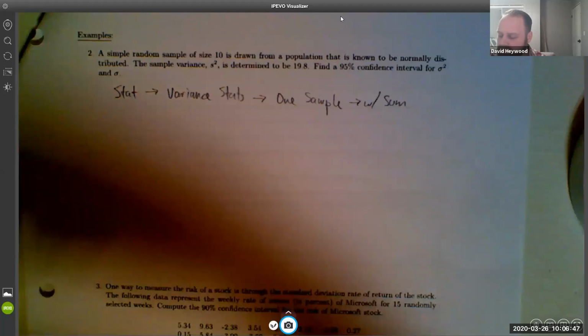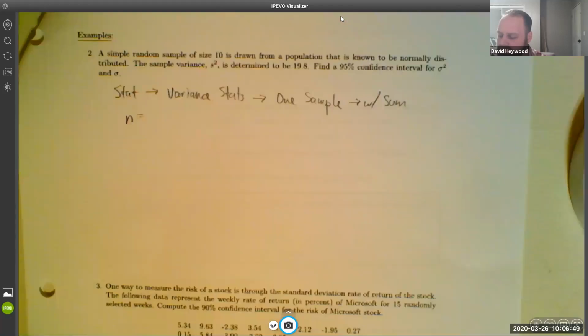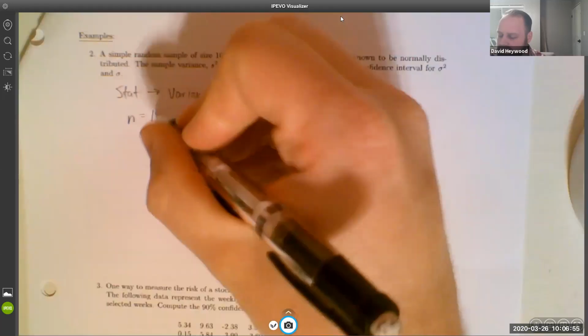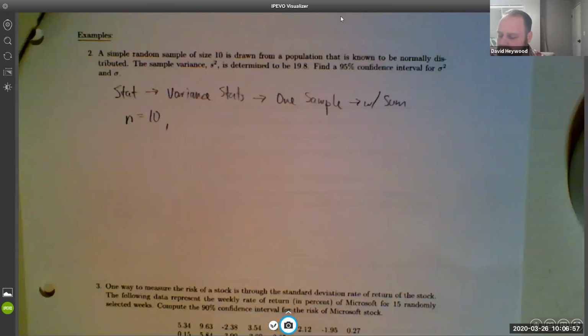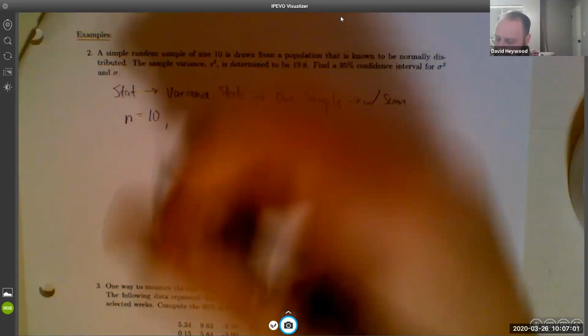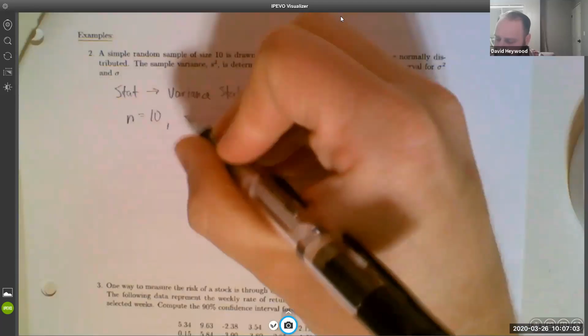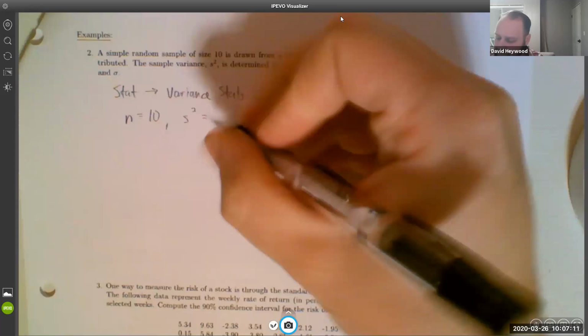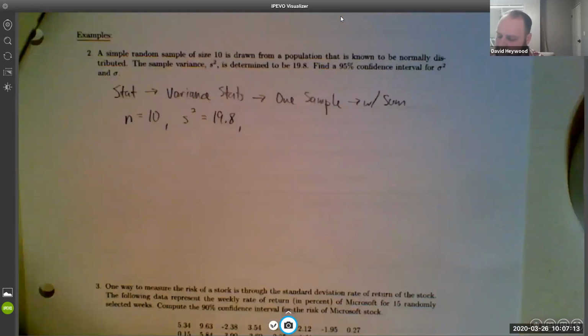In this case, we're told we have a simple random sample of size 10. It's going to prompt us for the sample variance, which we're told is 19.8. And then it's also going to prompt us for the confidence level. In this case, we want a 95% confidence level.